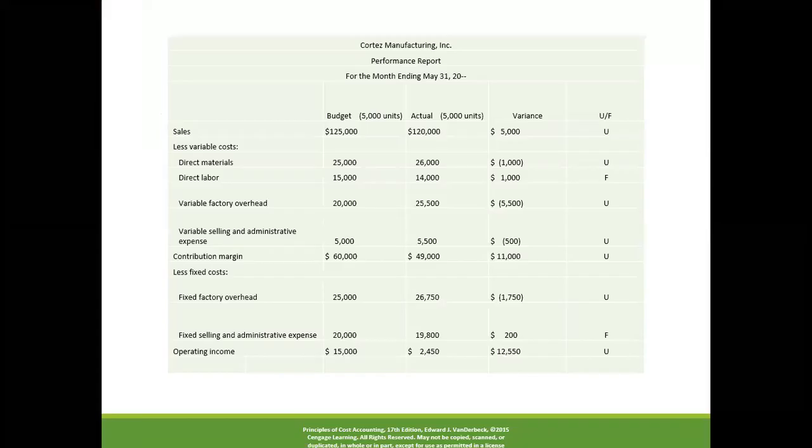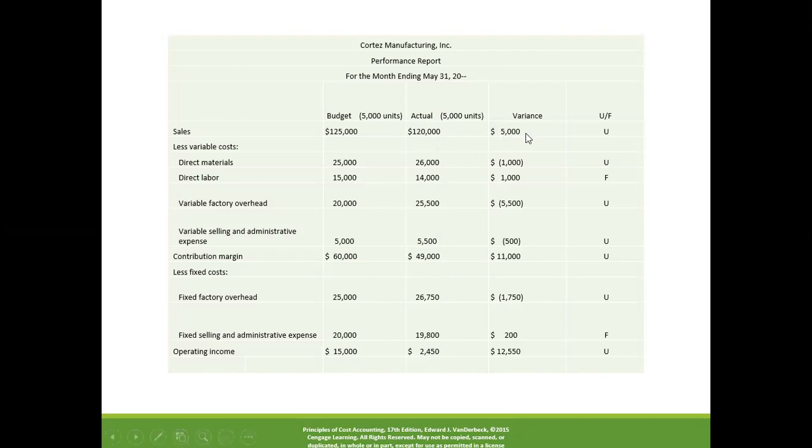This Cortez Manufacturing example was that flexible budget performance report that we did in class together last week, right? So remember, this was our budgeted data, and this was our actual data.